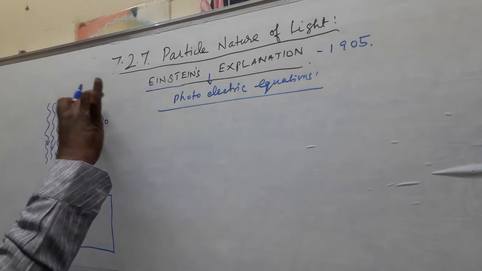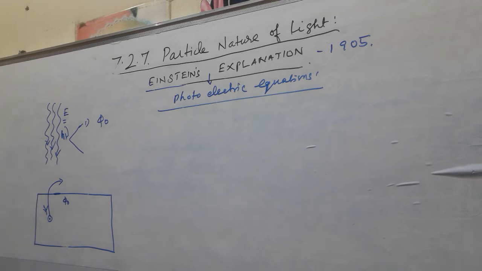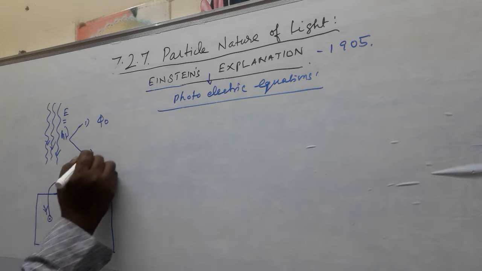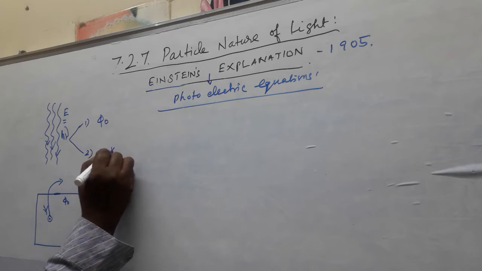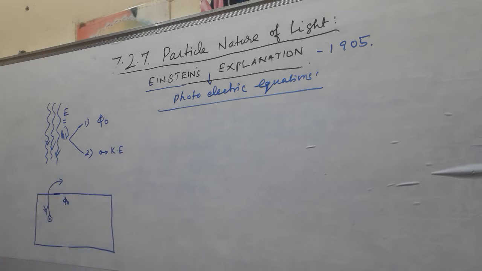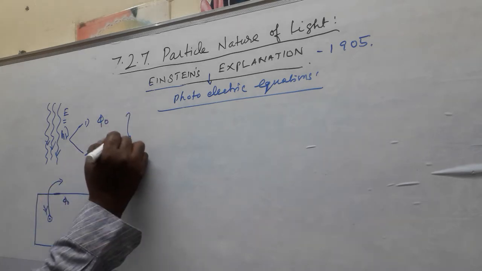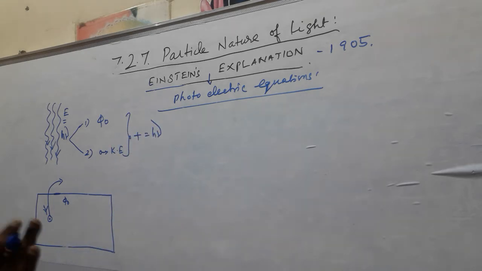One portion of the energy is utilized to bring the electron out of the metal. The remaining amount gives the electron its maximum kinetic energy. If you add these two, it equals the incident ray energy. That's a detailed explanation of this experiment.